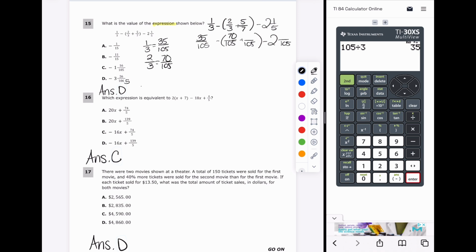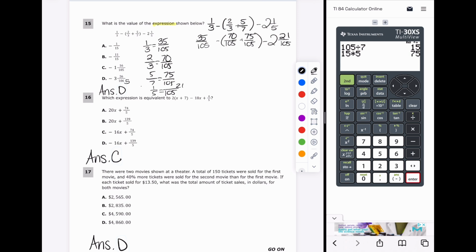With the next one, I have 5/7. 105 divided by 7 is 15, and 15 times 5 is 75. And the last one I have is 1/5. That's 20, I know that one is 21 because 20 times 5 is 100, so 21 would make 105.